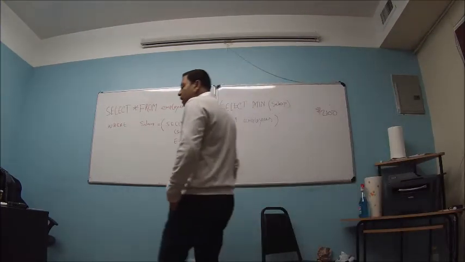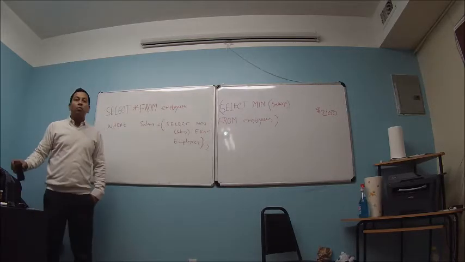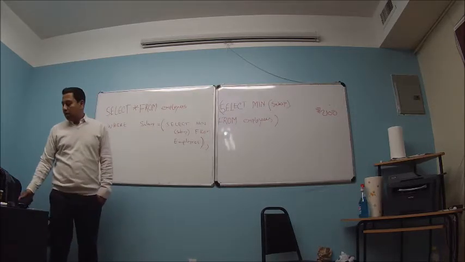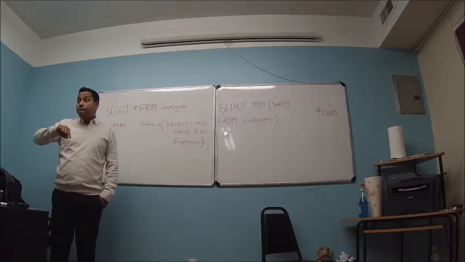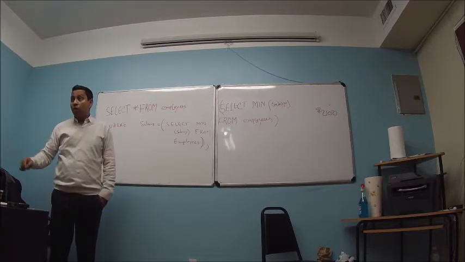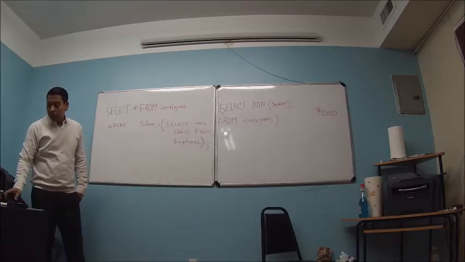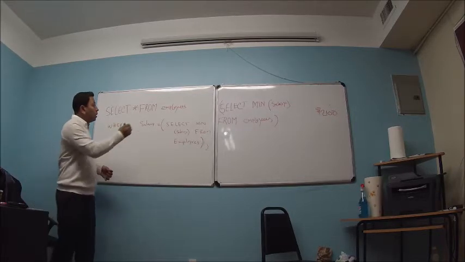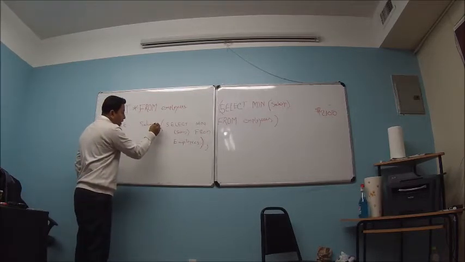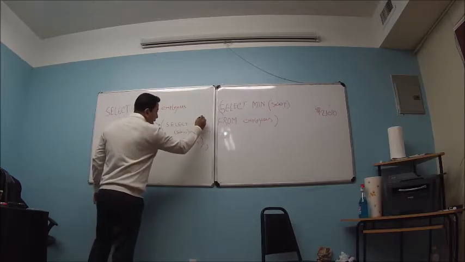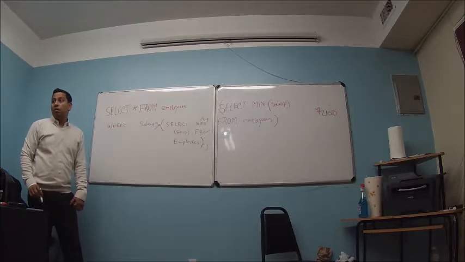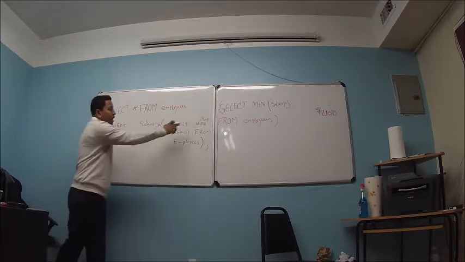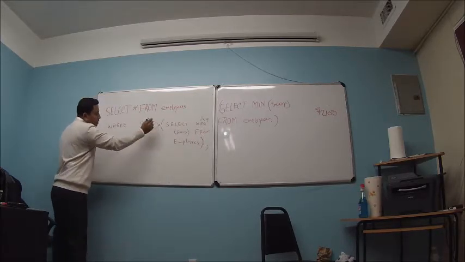If I wanted to see the people who get more than average salary, what do I do? Same thing in here, instead of minimum I say average, AVG. Make sense or not? It's going to give me the average salary, and I'm going to say whoever is more than that.